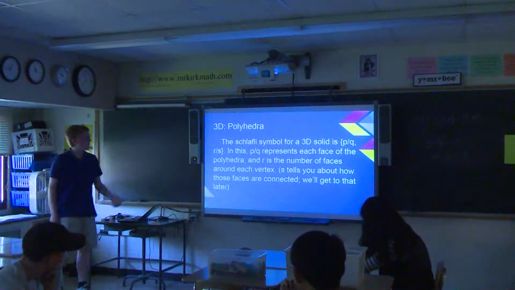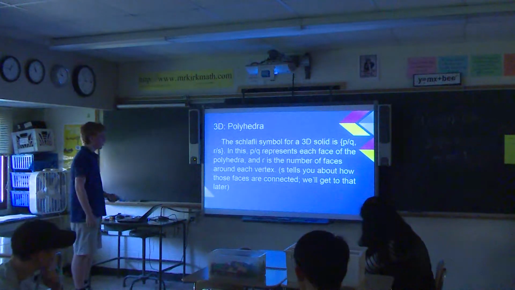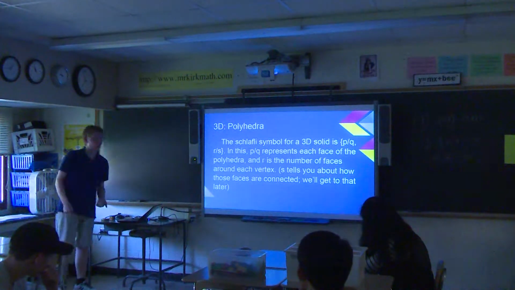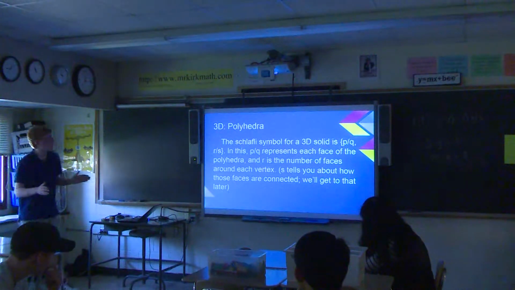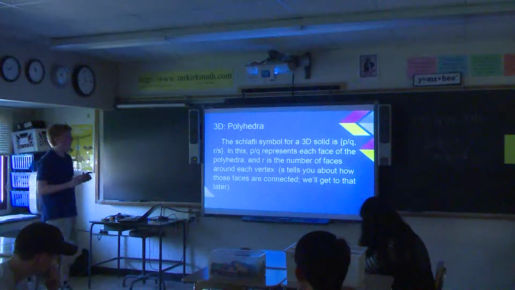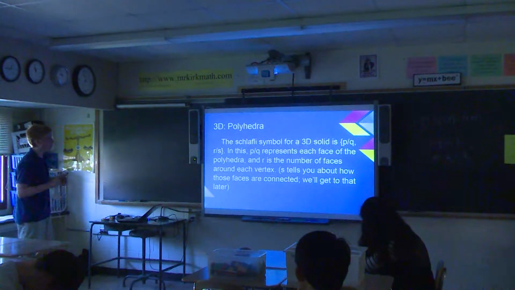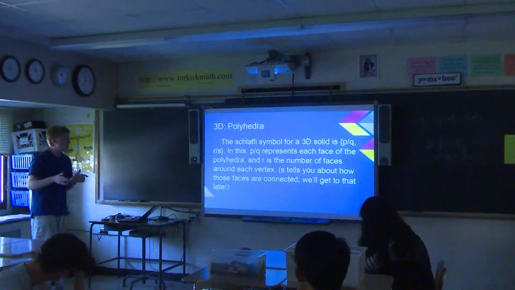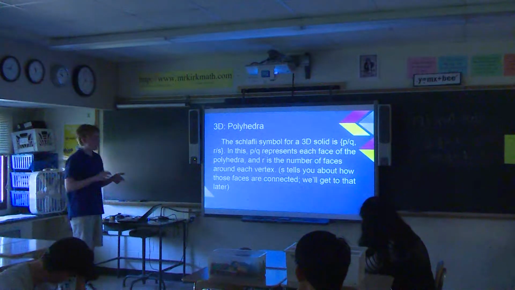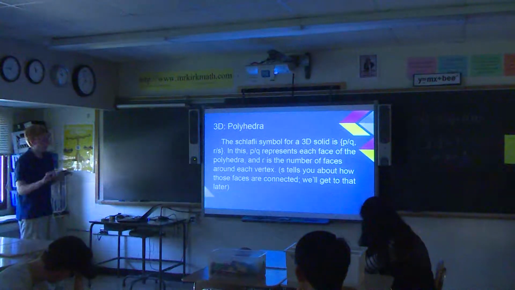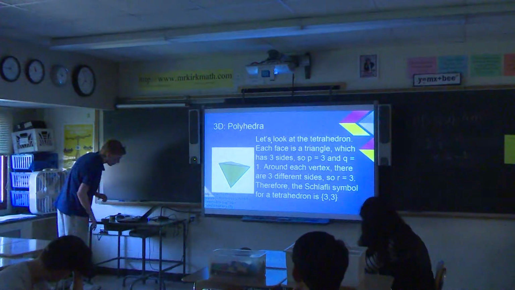So the Schläfli symbol looks like P/Q, R/S. And the way you parse this is P and Q represent each face of the polyhedron, and R is the number of faces around every vertex, and S tells you how the faces are connected, but again, we'll get to that later.